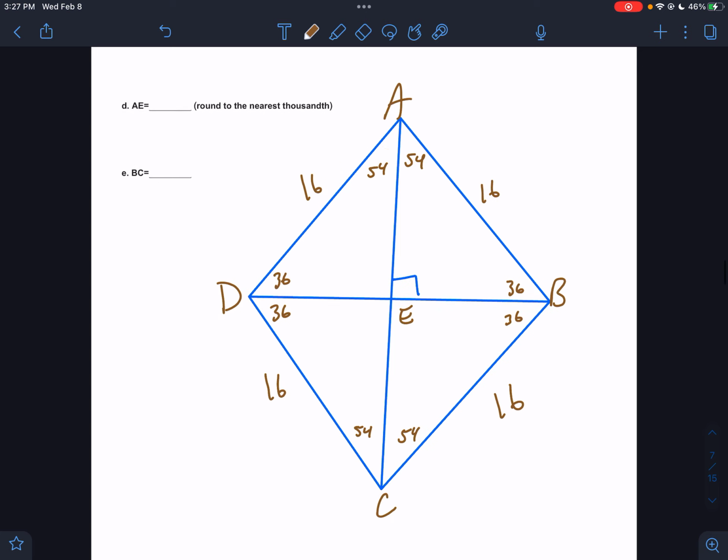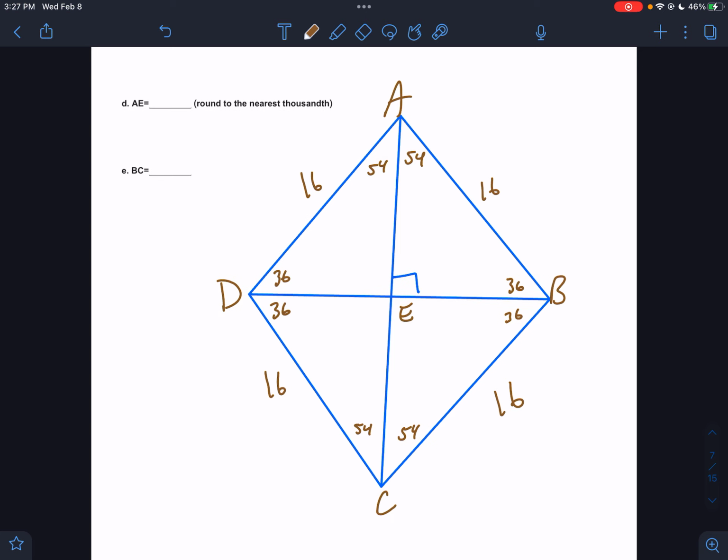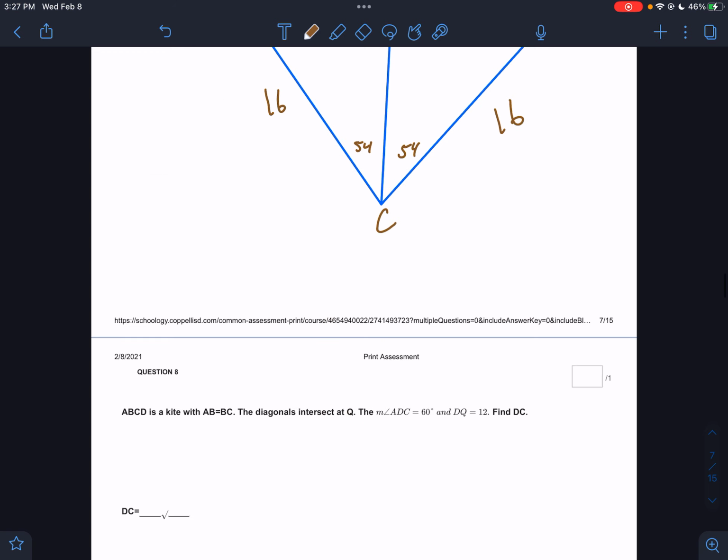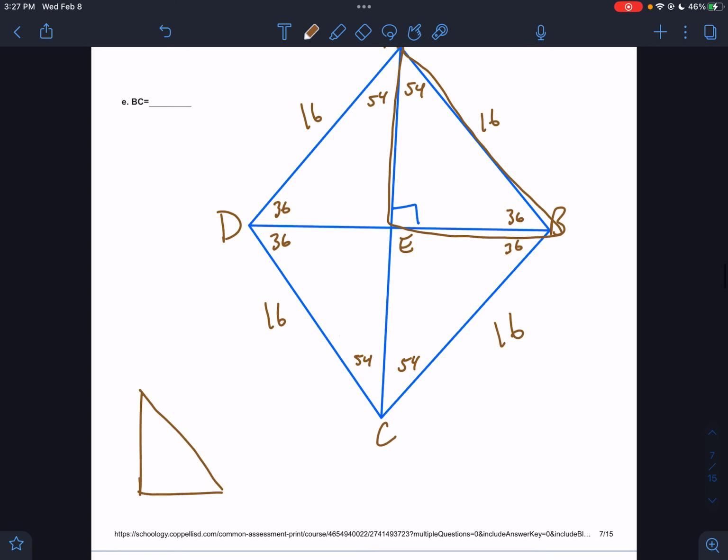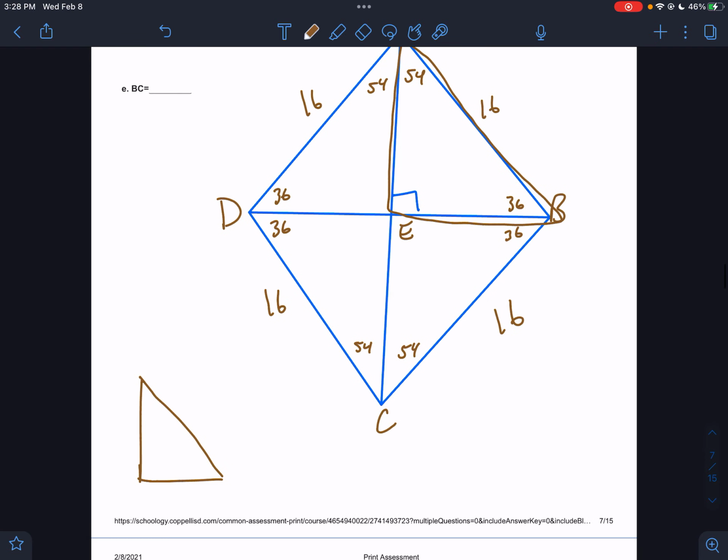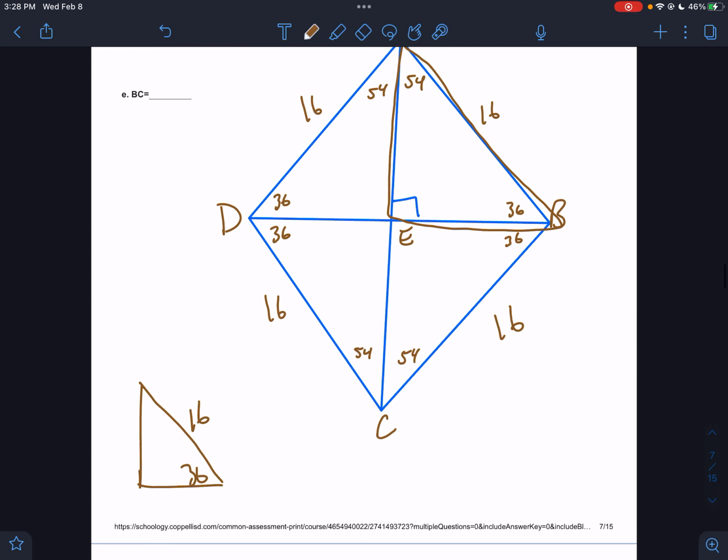Okay. We got AE here. Well, that's going to involve this right triangle. So I'm going to draw that right triangle. I got 16. I got 36. Let me write that a little better. And I need, what do I need? AE, I need this side. I'll call it X, it's fine.